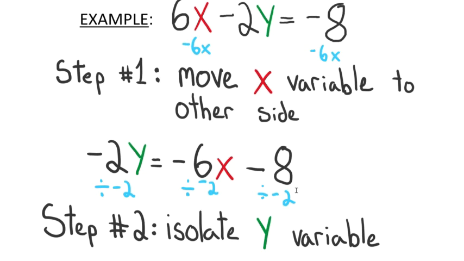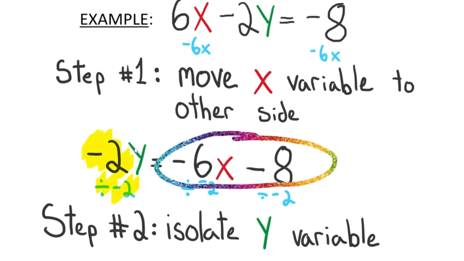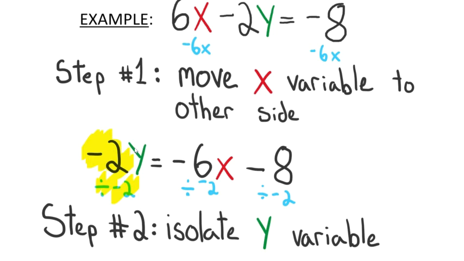Step 2 requires isolating our y variable. As negative 2 is the coefficient to our y variable, we have to divide by negative 2 on both sides of the equation. Remember, you are dividing both sides of the equation, which includes everything on each side of the equation.